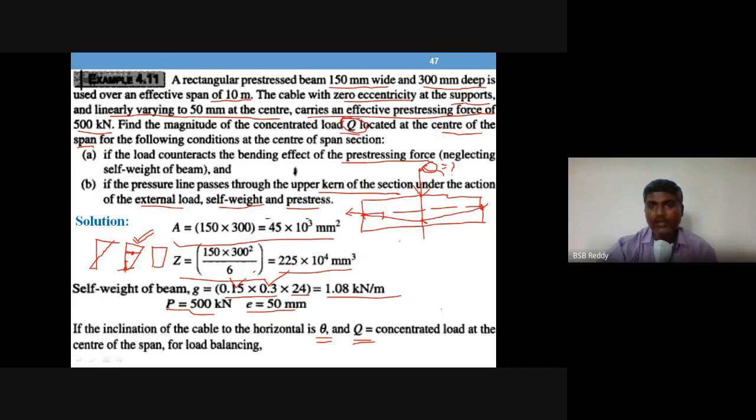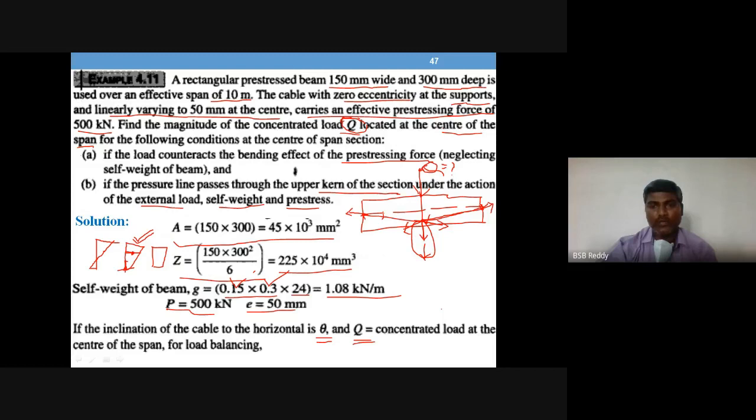Okay, right, along this line. So you have to get the reaction value at this point, both from this part of the cable and also this part of the cable.